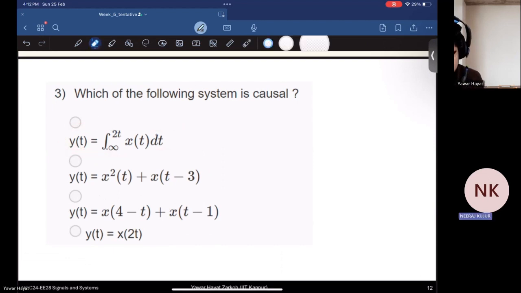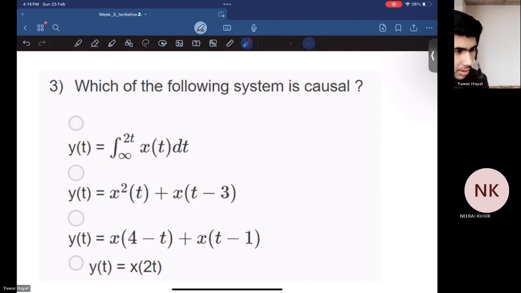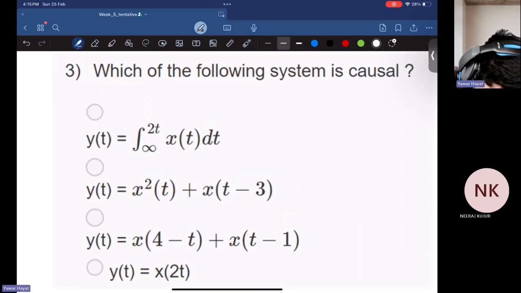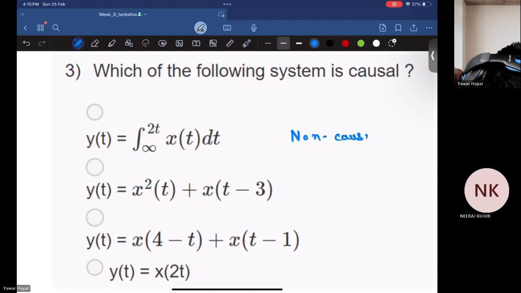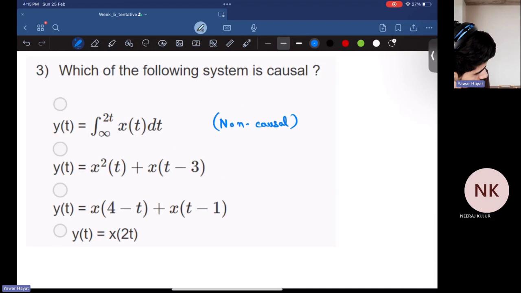How can we say that, we don't know the form of x of t. This system should be a non-causal system, right? Let it be, we corrected it. So this would be a non-causal system.